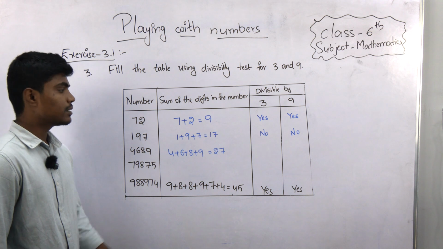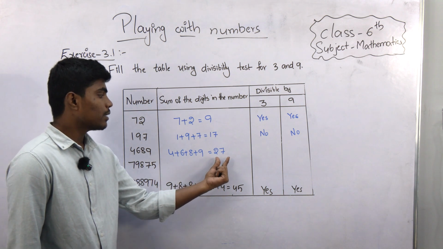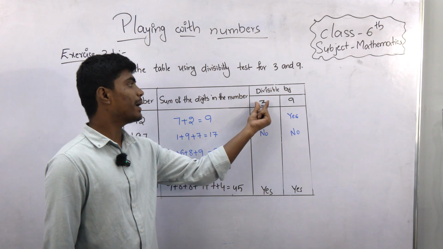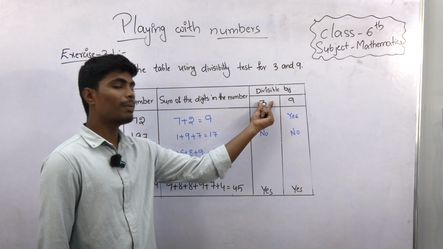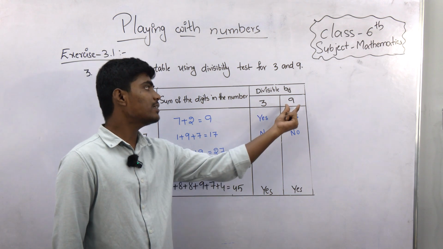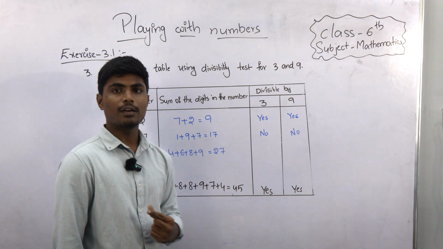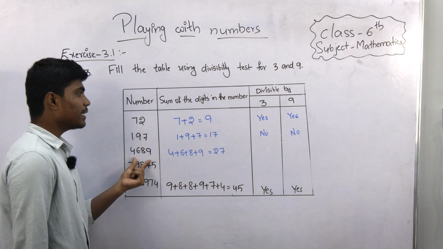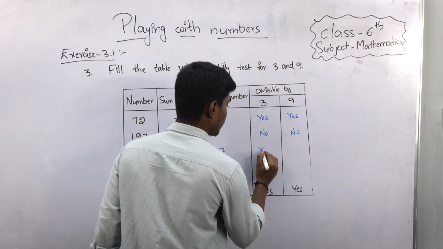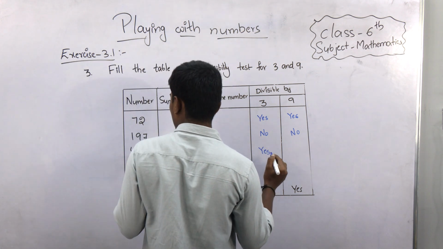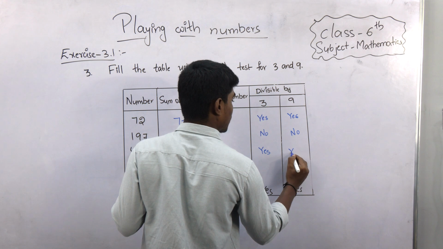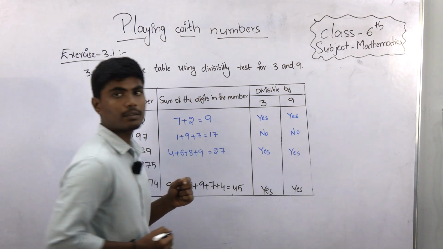Okay. See, 27 is divisible by 3 and 27 is divisible by 9. So this number is divisible by 3, and 4, 6, 8, 9 is also divisible by 9.